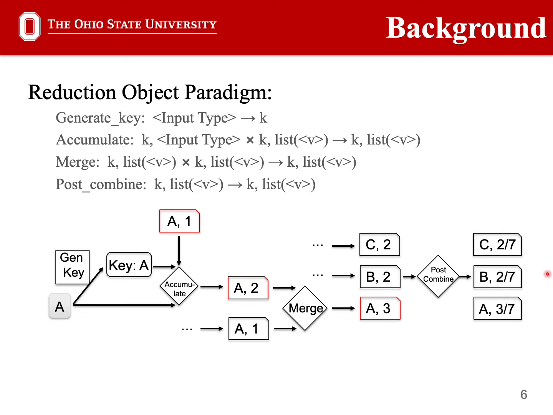Similar to standard MapReduce, this process can also be easily mapped to multi-core and multi-machine environment. However, by improving the access locality of intermediate results, reduction object paradigm achieves great speedup over Hadoop MapReduce and Spark.